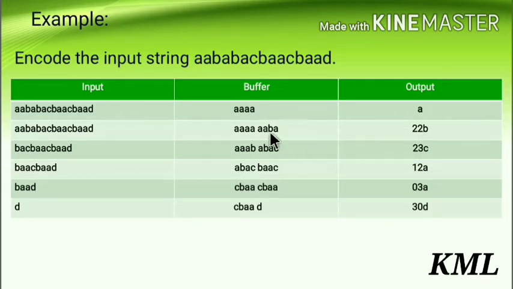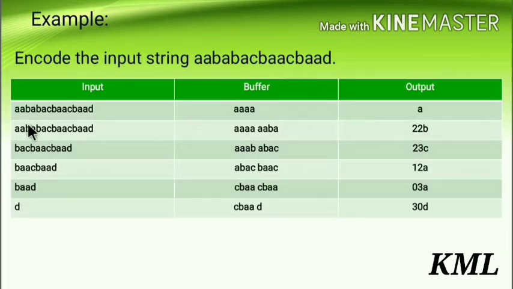After the match you have a B, so you write that B here. So the position from where you start the match is 2, the length is the number of characters matching, that is 2, and after the match whatever character is there, you write it here. So this is your output.